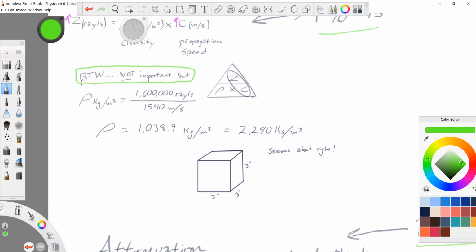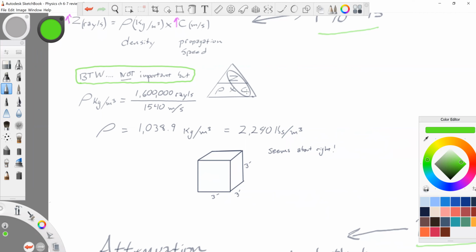So I went ahead and I took this linear equation, Z equals rho times C, and I put that into our triangle. And I solved for rho. So rho then is equal to Z over C. Well, yeah, mathematically that works.